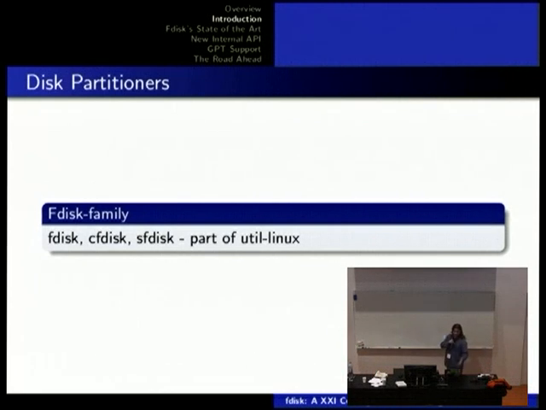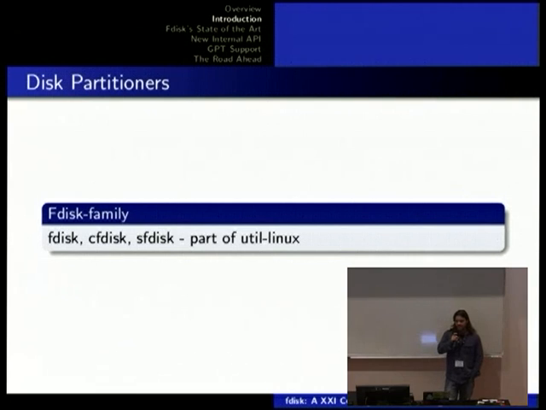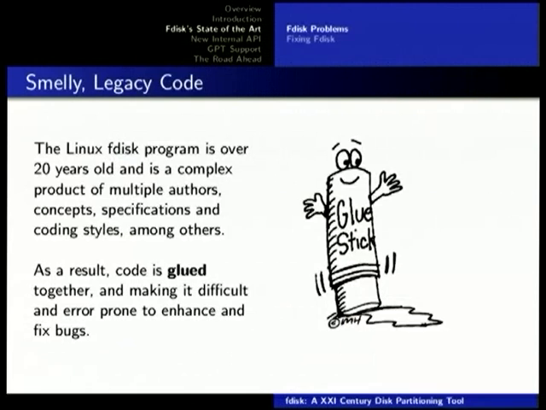So the fdisk family, as Petr said, is part of the Util Linux package, and I've been hacking around programs and utilities in this package for some time, and in our to-do file, there is always "clean up fdisk". It's been there, nobody really wants to do it, and I don't blame them. To further understand why, I don't know if you've ever seen the code, or at least the one that used to be there, but it is smelly legacy code.